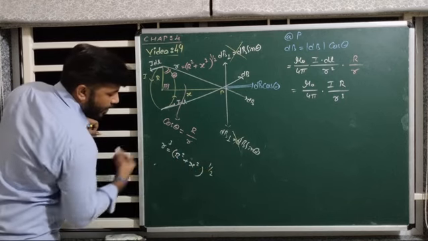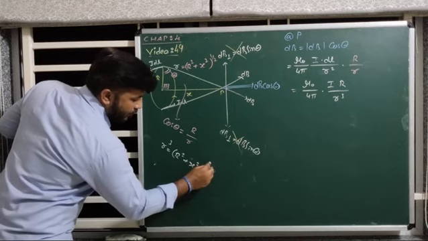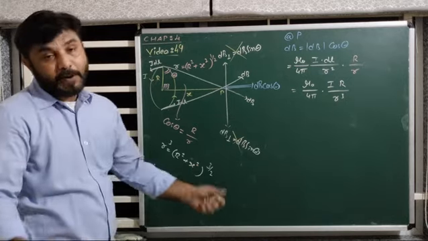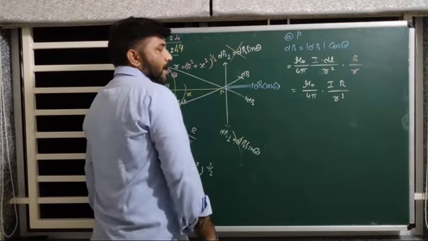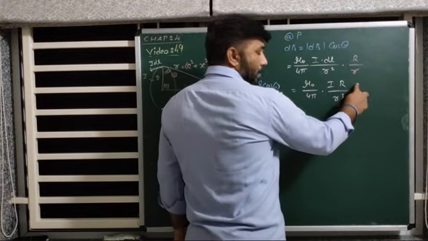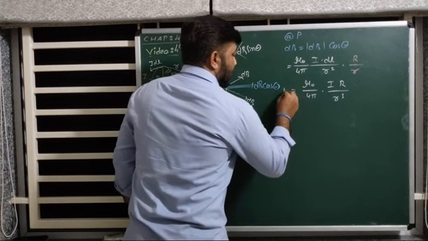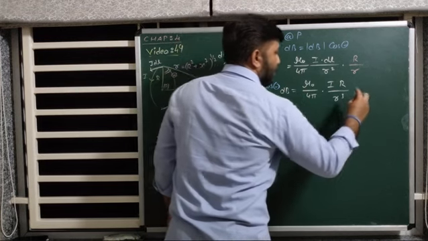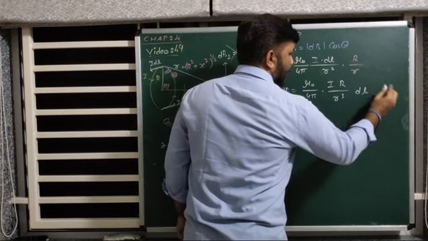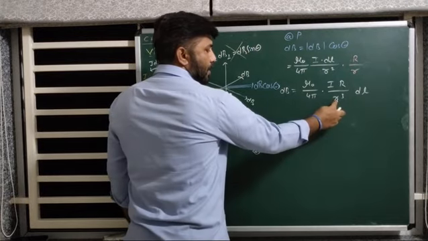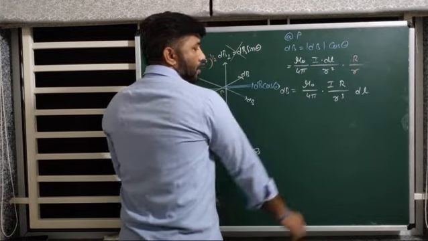If you want r cube, it will become 3 by 2. Something is remaining, which we will discuss afterwards. So dB as it is, let us put dl here. Here you have to put r cube.